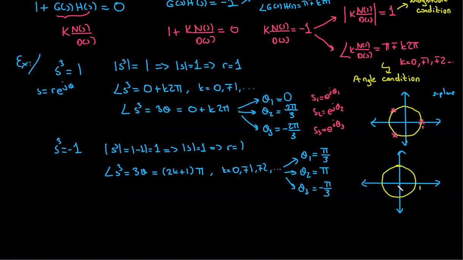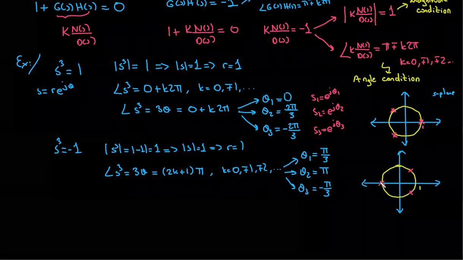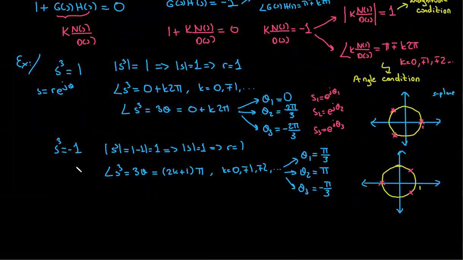Now the root locations are, one of them is at pi over 3 over here, another one is at minus pi over 3 over there, and the other one is at pi, like this. So these are the roots of the equation s cube is equal to -1. That's how we treat complex equations.